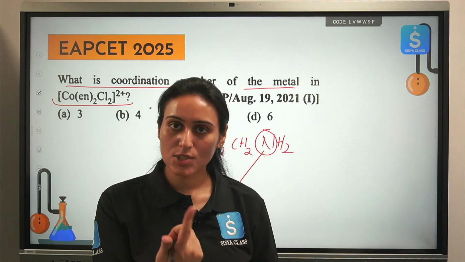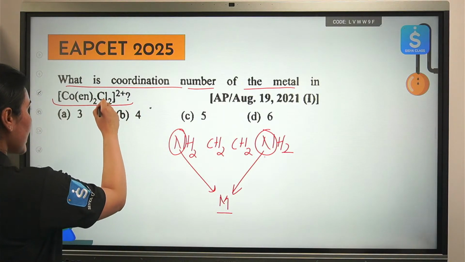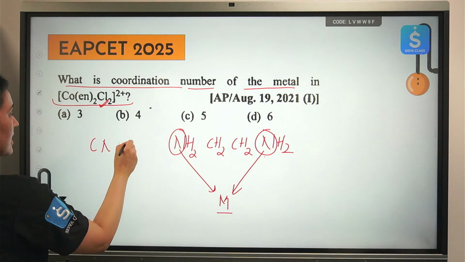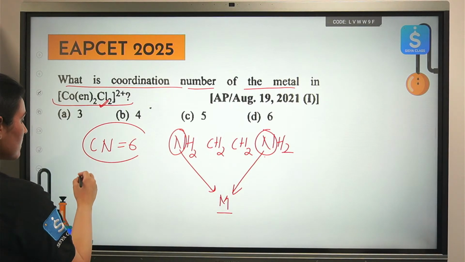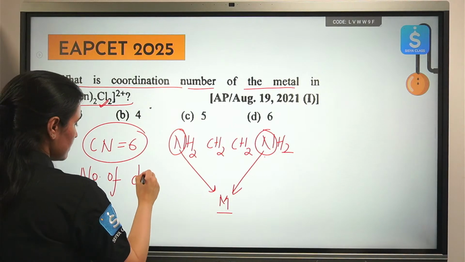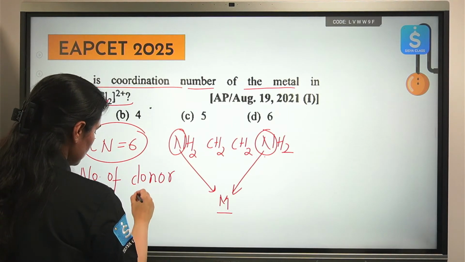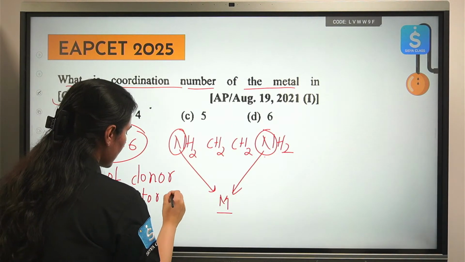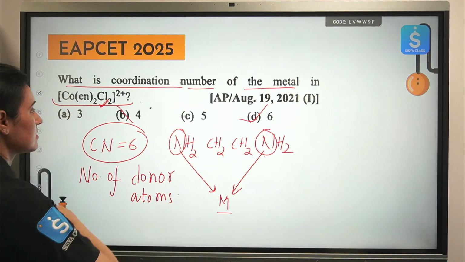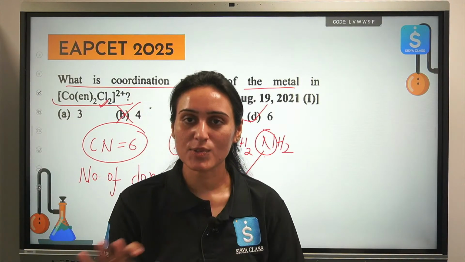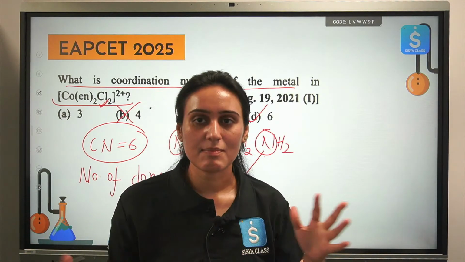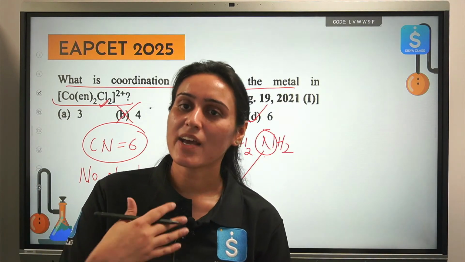And in addition to that, I have chloride also, right? So coordination number here will be 6. You have to count the number of donor atoms. Please don't count the number of ligands. So the correct answer is 6, not 4. Don't make that mistake. So please see what type of ligand is there, monodentate, bidentate, tridentate and so on, and accordingly answer.